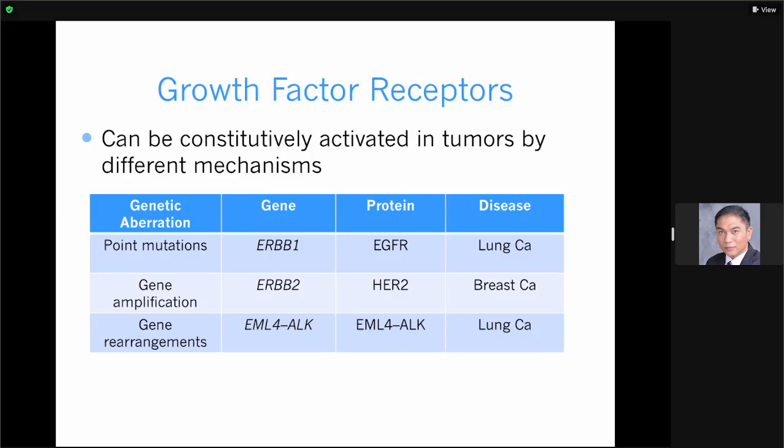And then gene amplification in ERB2, which encodes for HER2 protein or HER2 new protein. This can be seen in patients with breast cancer.